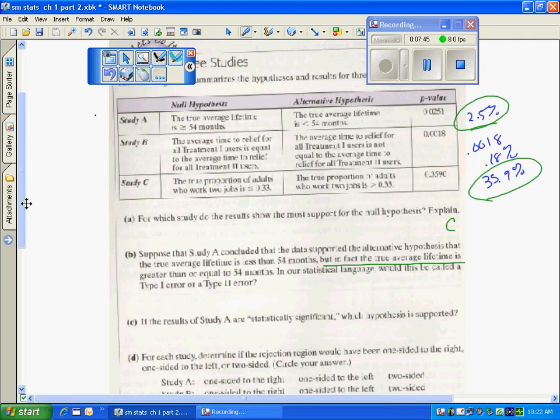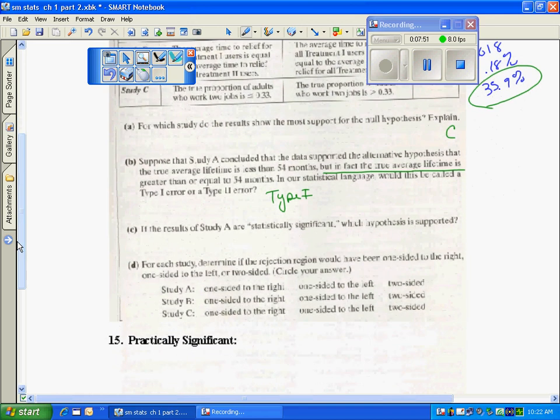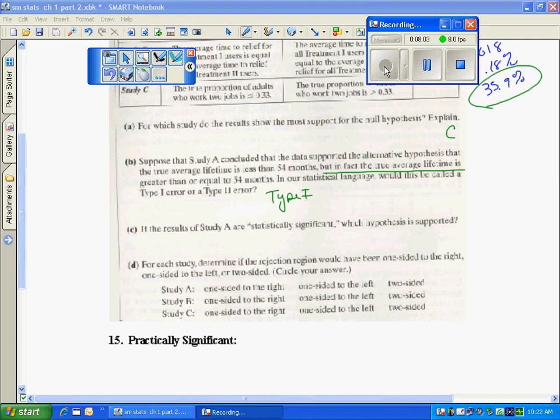That is a type 1 error. If the results of study A are statistically significant, that says I reject the null. Statistically significant tells me to reject my null. So when I'm rejecting my null, I'm supporting my alternative.